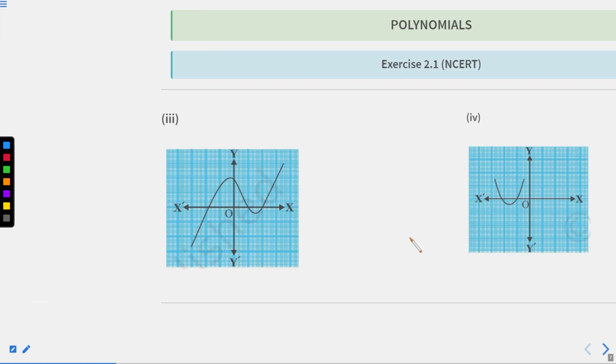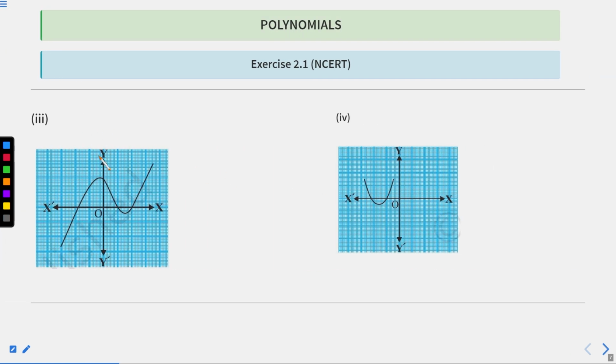Now let us see figure number 3. So in this figure you can see the graph y equal to p of x cuts the x-axis at this point, and this point. Okay, so at 3 points the graph cuts the x-axis.